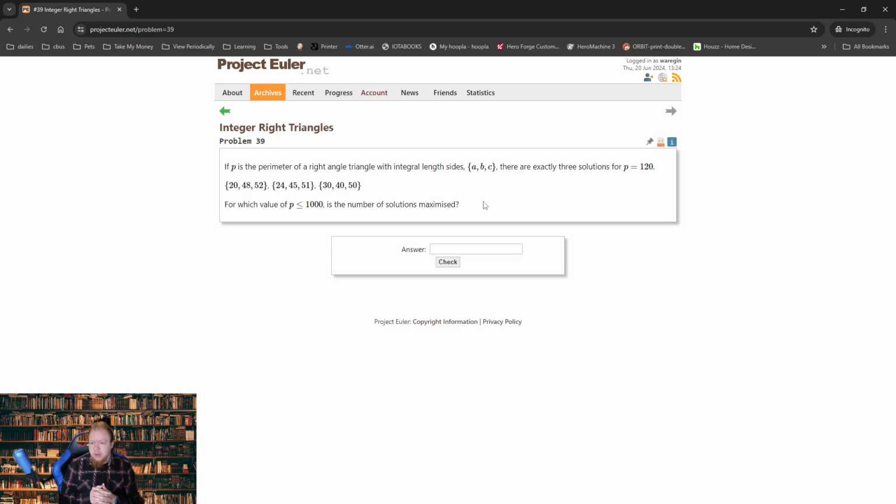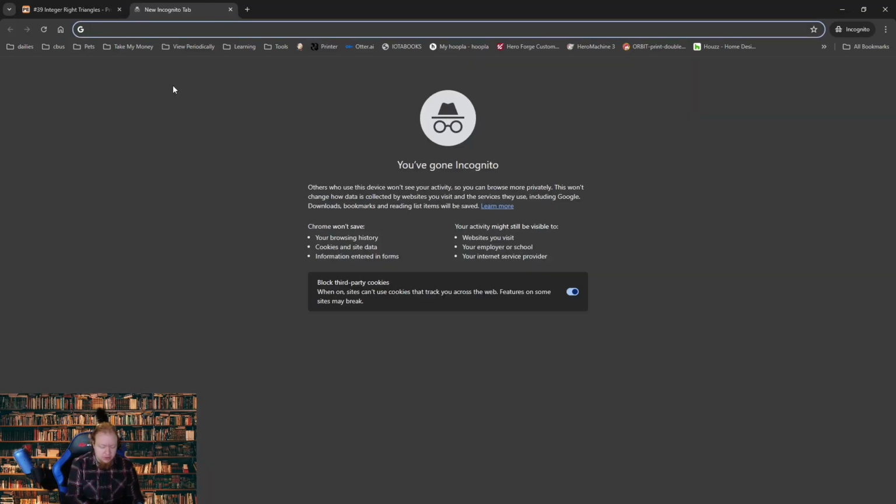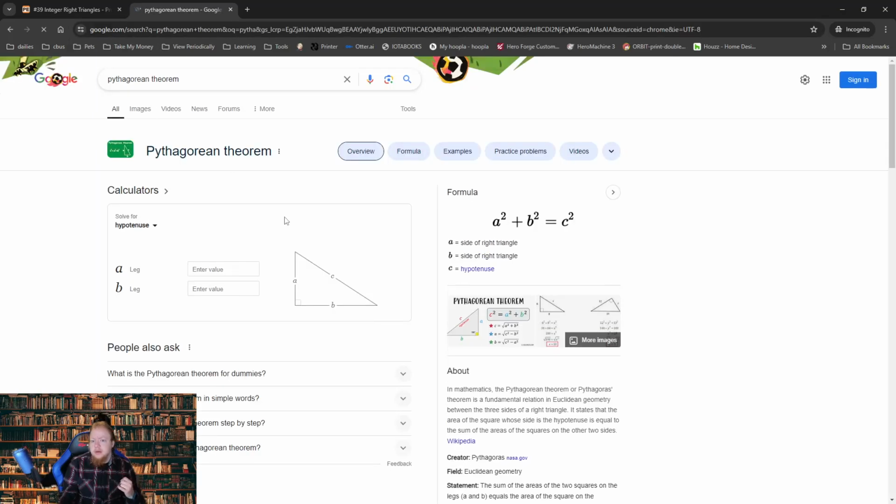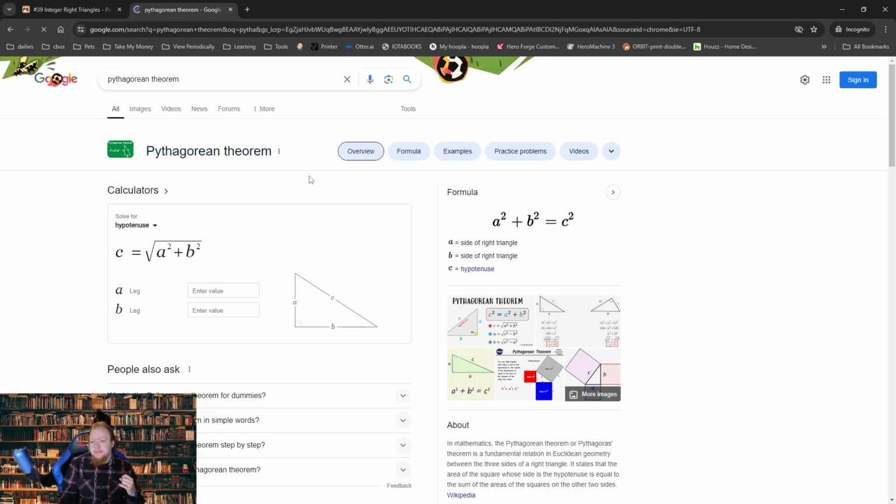We need to remember Pythagoras' theorem here, I think. So C is the square root of a squared plus b squared, or a squared plus b squared equals c squared.